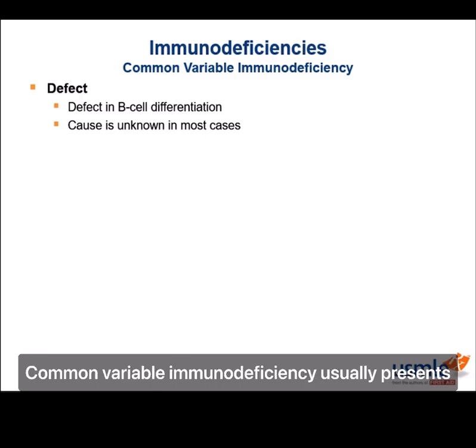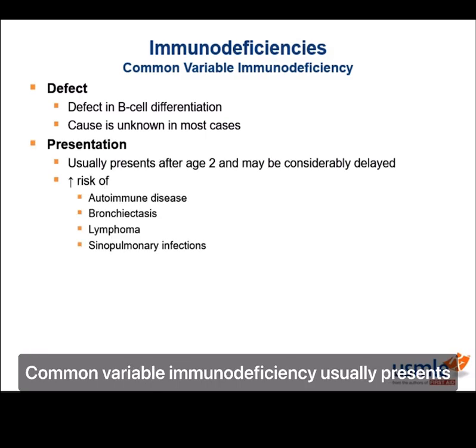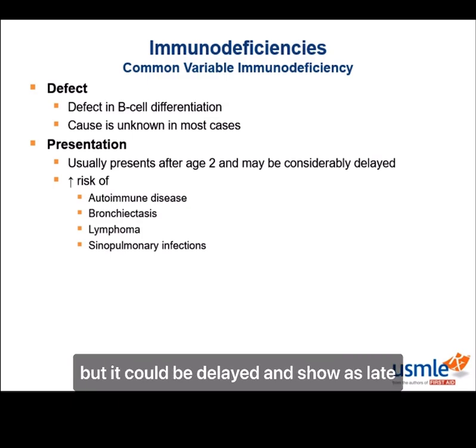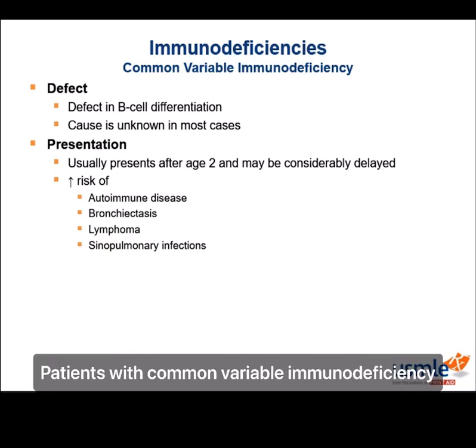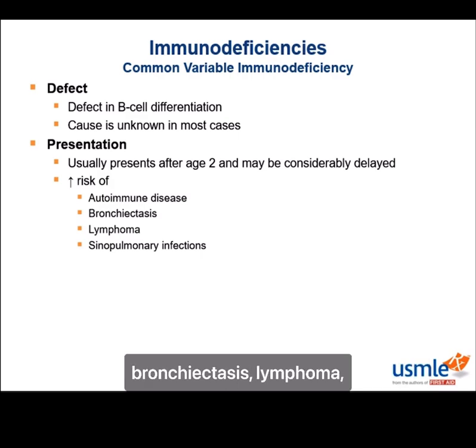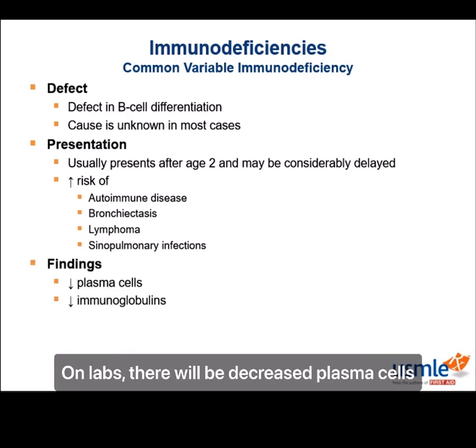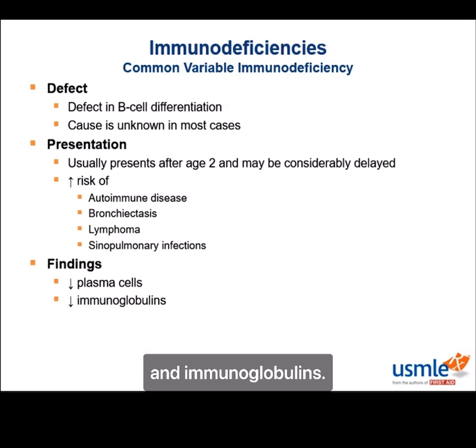Common variable immunodeficiency usually presents after the second year of life, but it could be delayed and show as late as in the third or fourth decade. Patients with common variable immunodeficiency have an increased risk of autoimmune disease, bronchiectasis, lymphoma, and sinopulmonary infections. On labs, there will be decreased plasma cells and immunoglobulins.